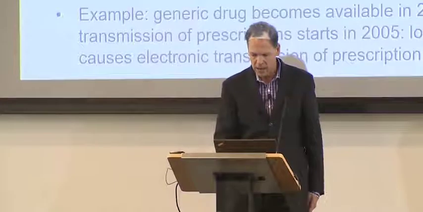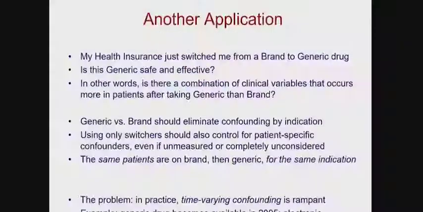We ran this trial, and it turns out you get all sorts of time-varying confounding. You get really nasty ones, like something else changes in the health system at the same time the generic drug comes out. And you say, wow, the generic drug is causing people to get their prescriptions transmitted electronically. So if I can predict generic versus brand better than chance, then I've found an effect the generic is causing, but you can't, because of time-varying confounders.